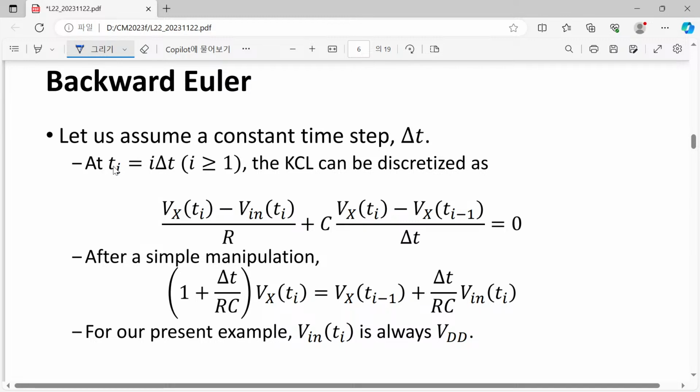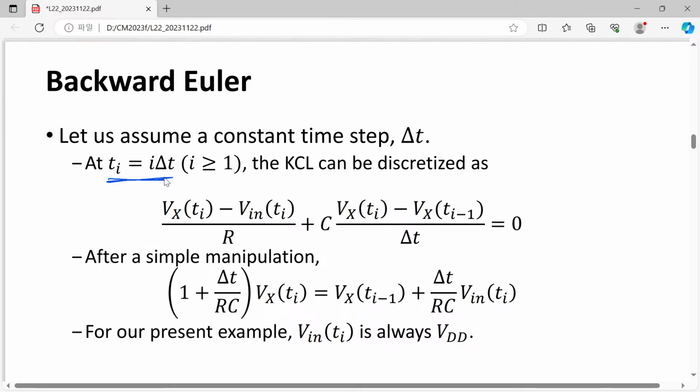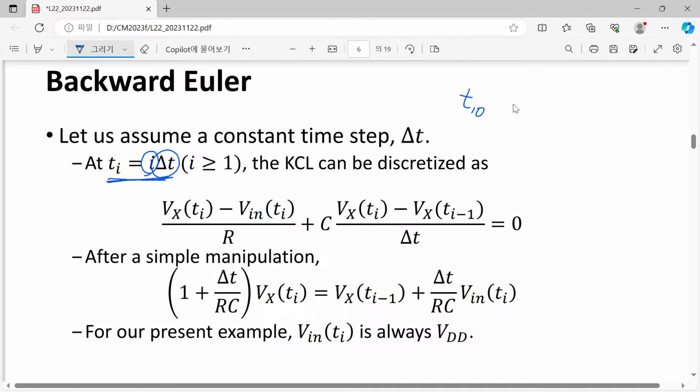And then now we can say every time instance can be represented by an integer multiple of delta t. For example, what is t10? This is 10 times delta t. What is t20? Then this is 20 times delta t.